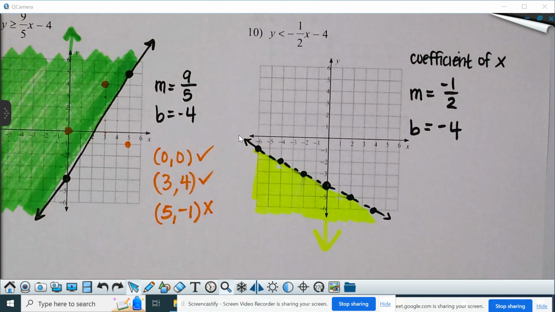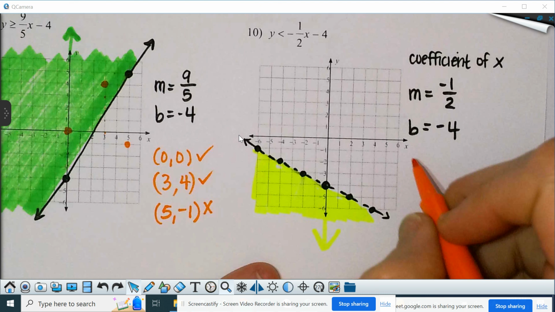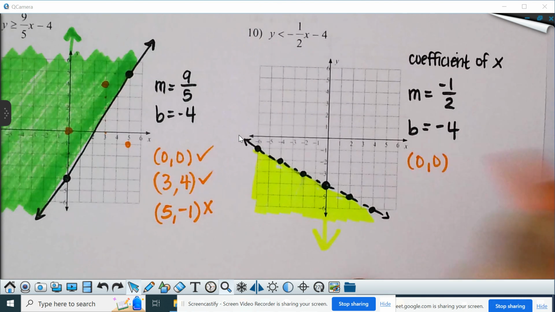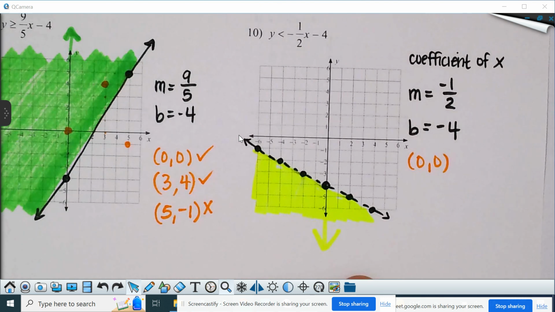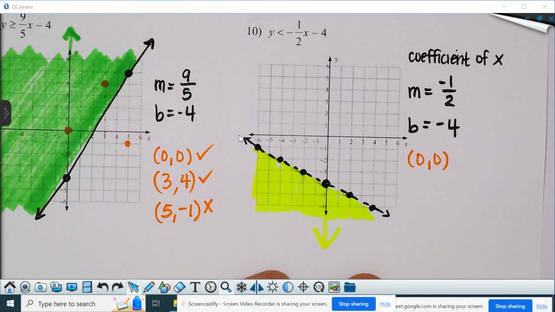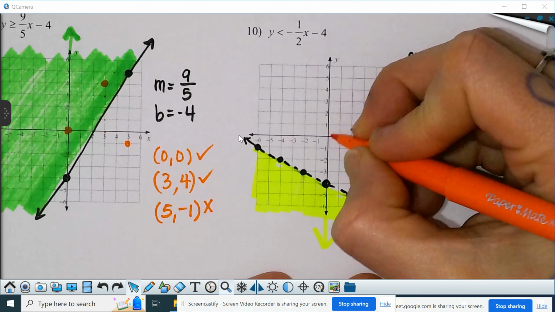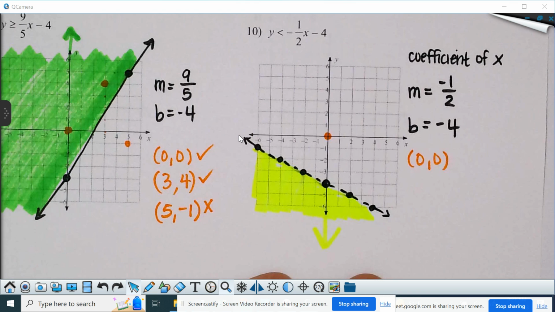All right, so speaking to solution or not a solution, here's our test question. Let's do origin again. Is the origin a solution to this inequality? So is 0, 0 a solution? No, right, because it's in the non-shaded area.